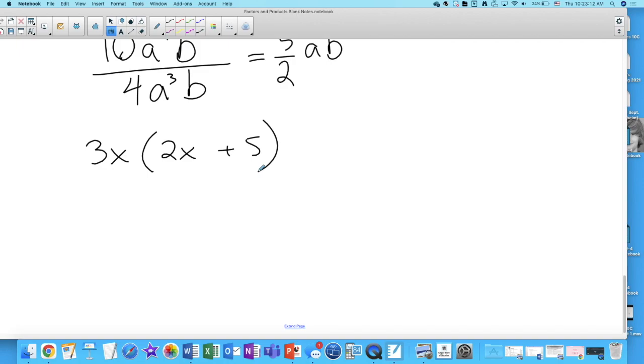Multiply the outside term by each inside. Yes. So this is called distribution, right? We distribute the multiplication of 3x to all terms inside the bracket, right? So this becomes 3x times 2x is what? 6x squared.